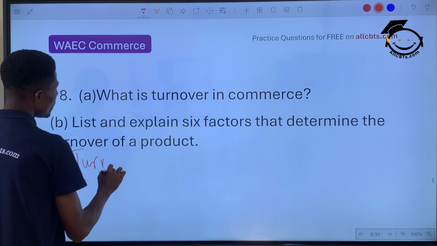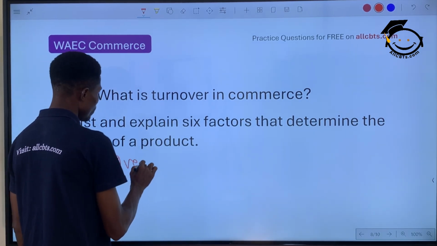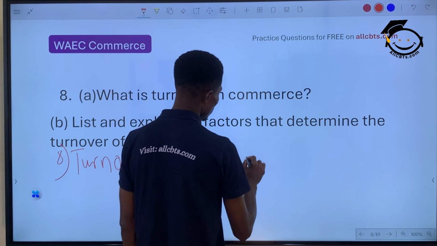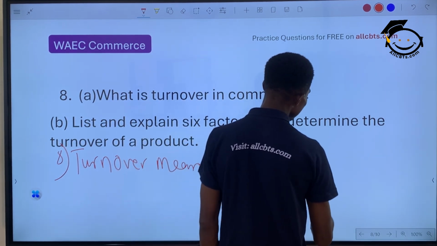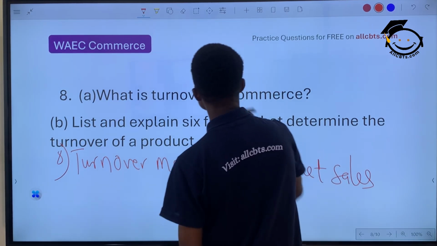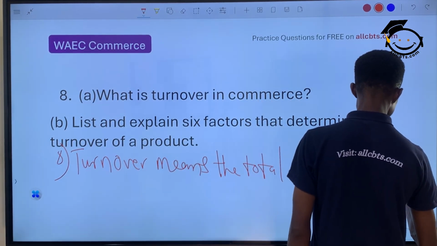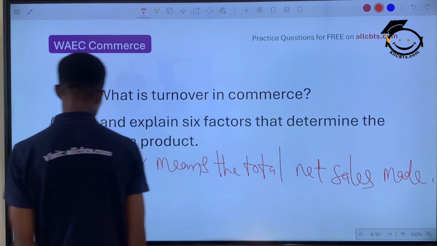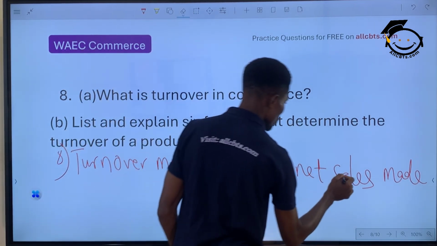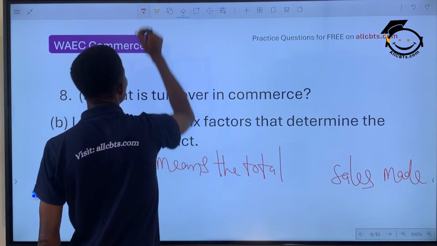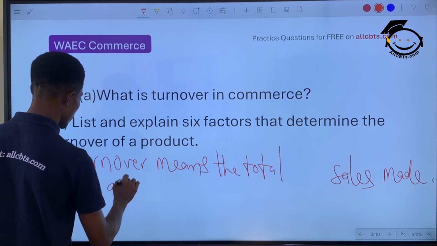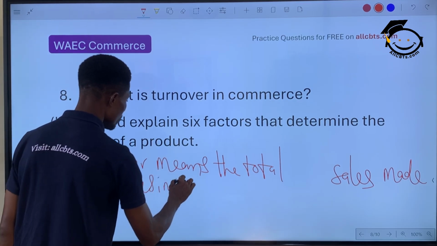Turnover simply means the total net sales, total sales made by a business within a given period.